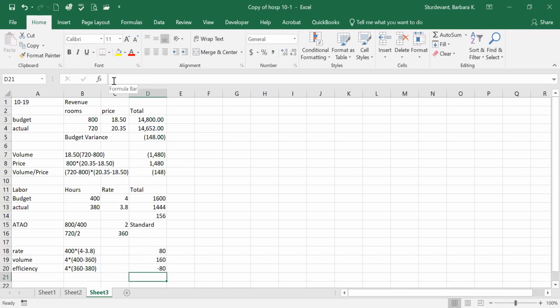Even though we came in under budget, we're not efficient. And then this other one, instead of volume, I'm going to change that to time.